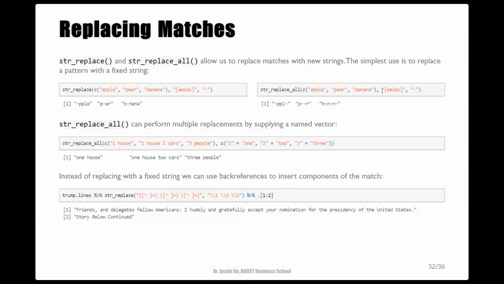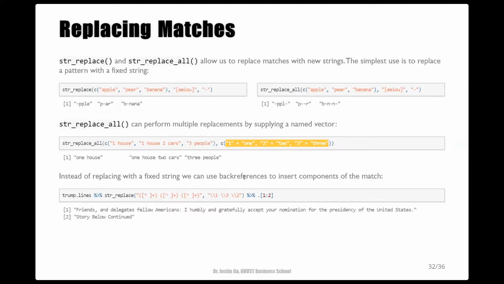For example, all vowels in these three strings are replaced by hyphen. str_replace_all can also take a vector of named patterns and perform multiple replacements all at once. In this example, this indicates every English numeral to be replaced by its corresponding Arabic numeral.